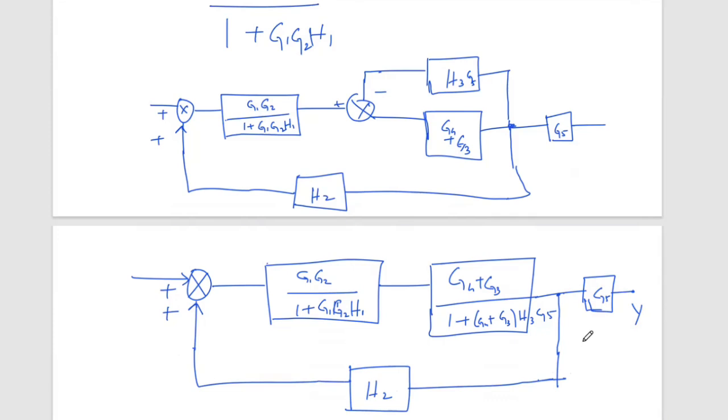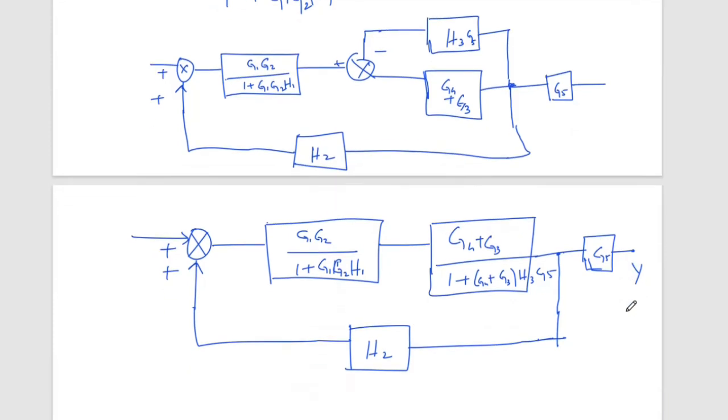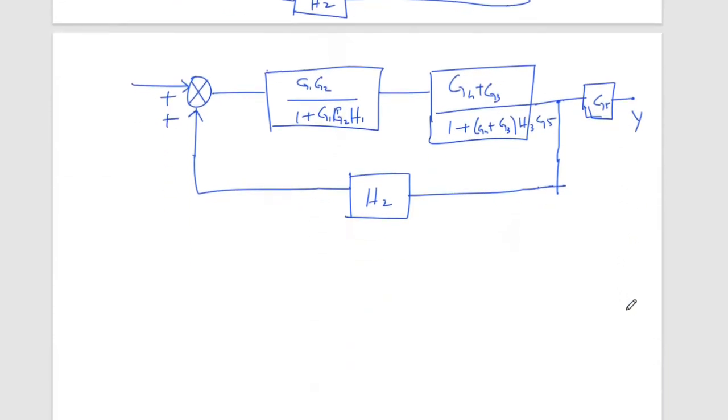Now these two are cascade, so you can multiply these two. If this is a positive feedback, if it is G and this is G by 1 minus GH, then you multiply with G5. I'm just writing it all together.